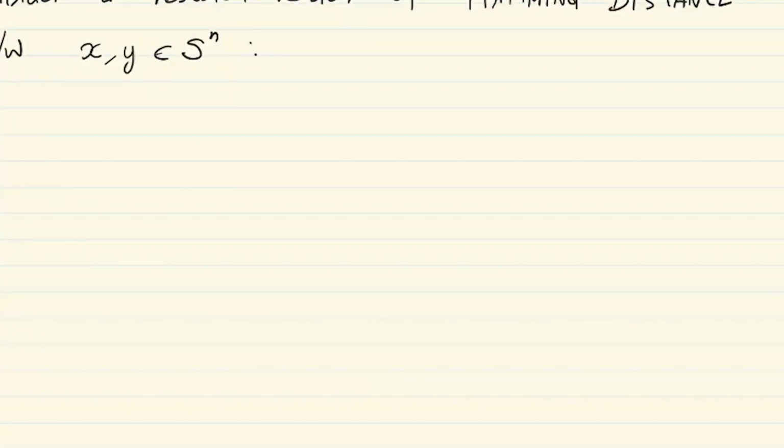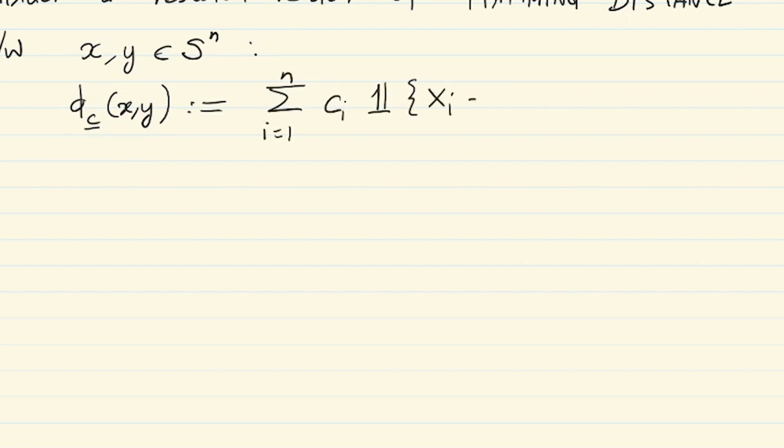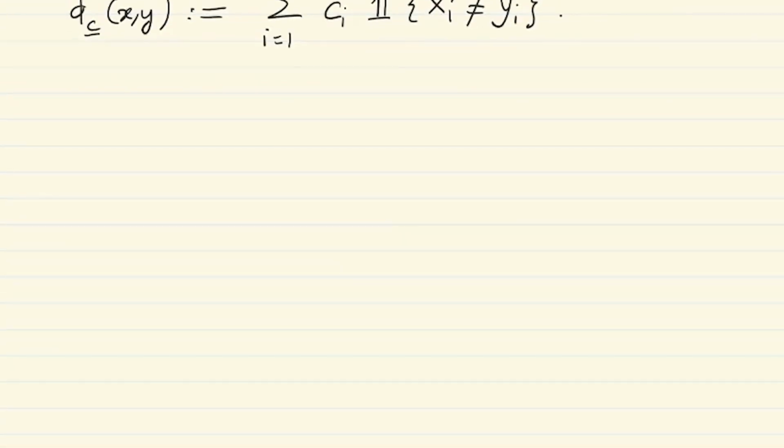Think of a distance or a metric, a discrepancy measure between x and y, defined as d_c(x,y). c is the vector of coefficients c1 through cn of the bounded differences property. Let this be defined as the sum over all i of ci times the indicator that xi is not equal to yi. So if the ci's are all 1, you get the usual Hamming distance between two n-tuples, but this is for general ci.